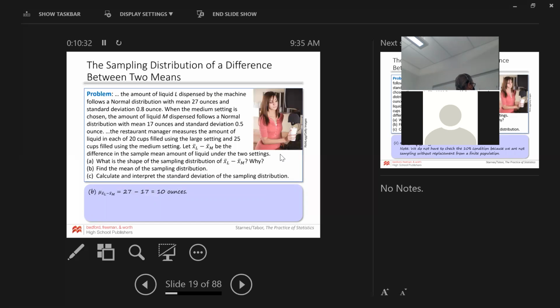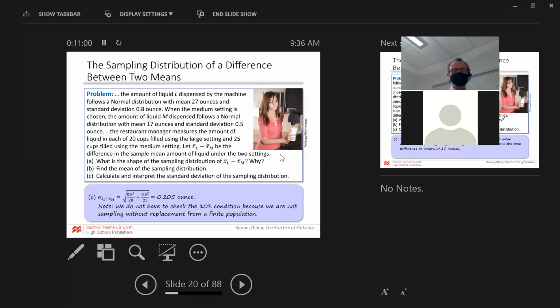What's the difference? Large take away medium, and 10 is in the center. Well, suppose I did medium take away large. That would be fine. -10 would be in the center. You'd get the same answer. You'd just be shading in the left instead of the right, or the other way around.